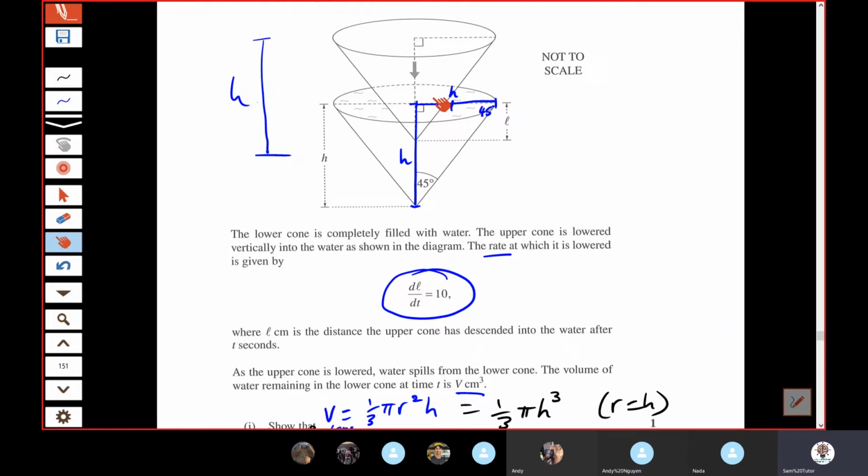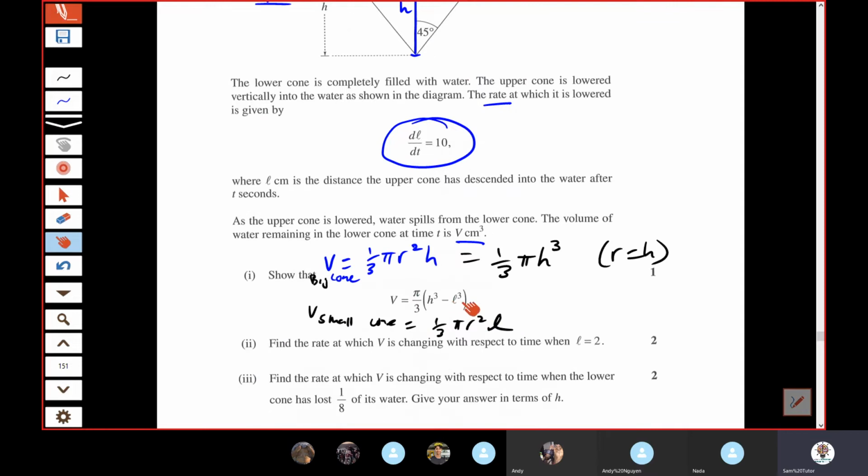So then your radius is also L. So then you're just going to get minus L cubed. And I think you guys can see that, hopefully. Anyone have any questions? Therefore, volume remaining, you just literally write pi on 3, h cubed minus L cubed. Simple?